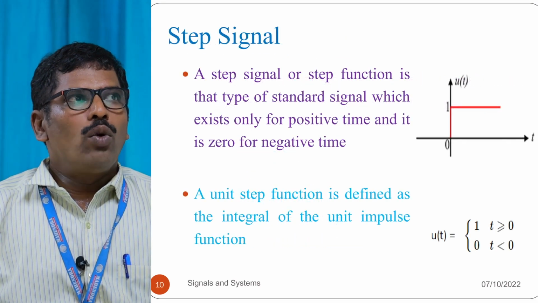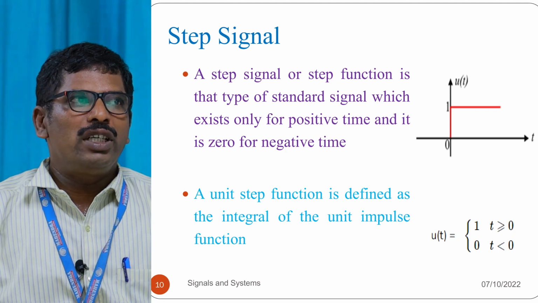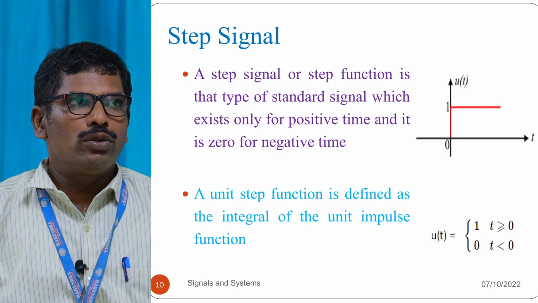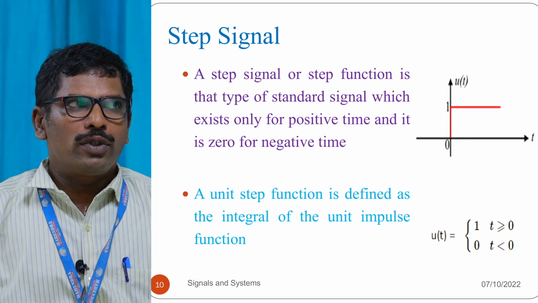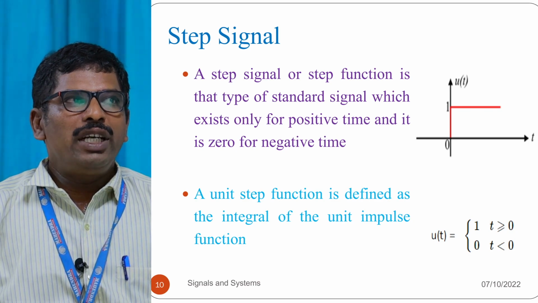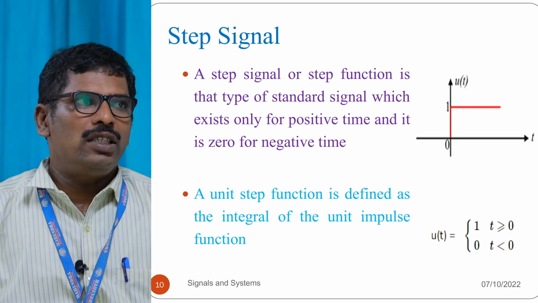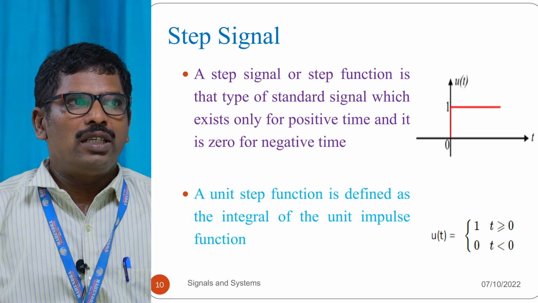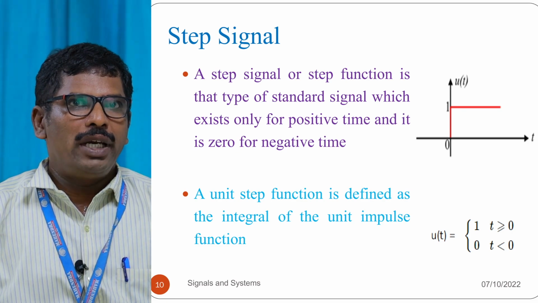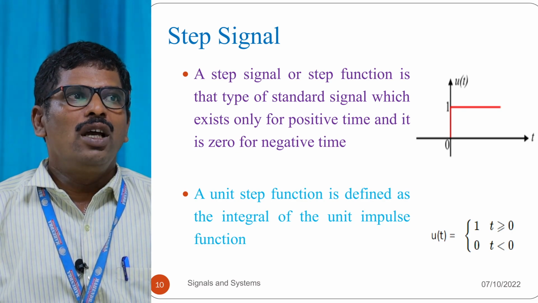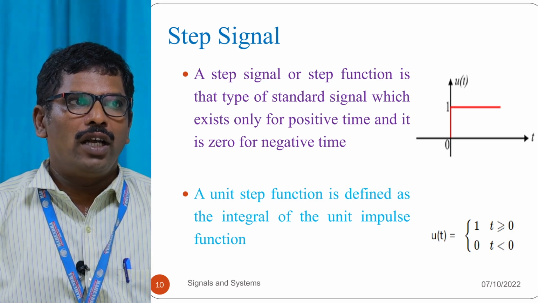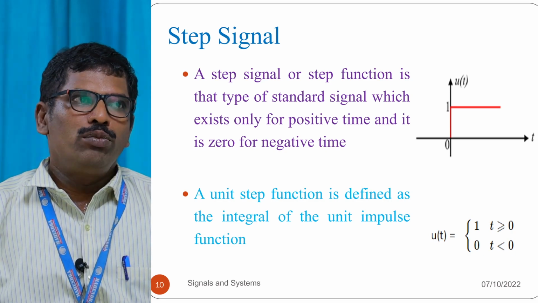Next, what is a step signal? It is similar to a staircase step. It has no value before 0 and after that it has a value. We define a step signal as u of t. It is a general representation. u of t is equal to 1, where 1 is my amplitude, for time greater than or equal to 0, and the rest of the values are 0.